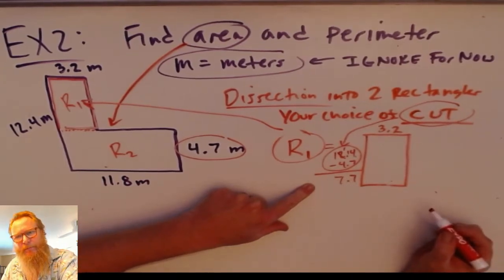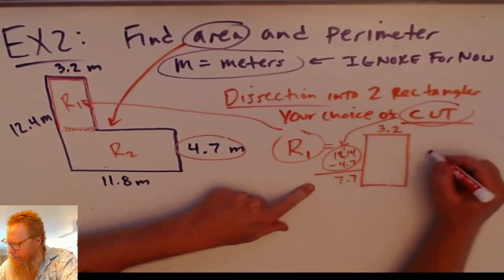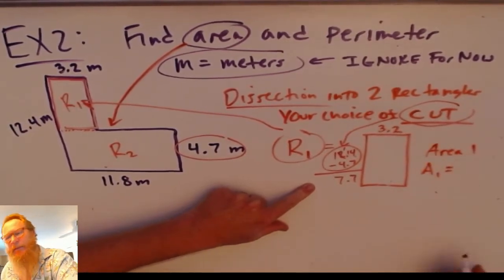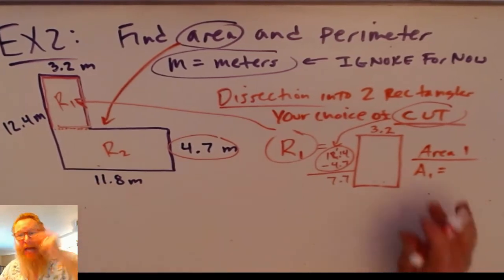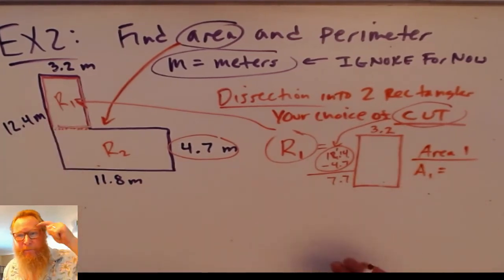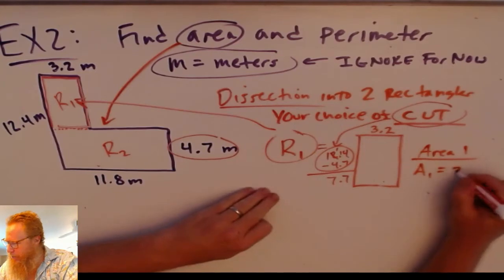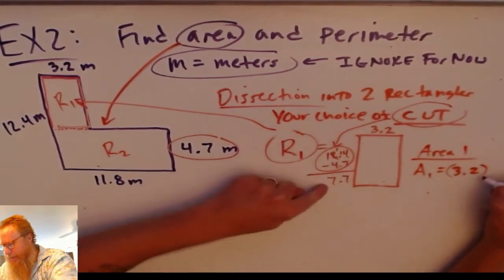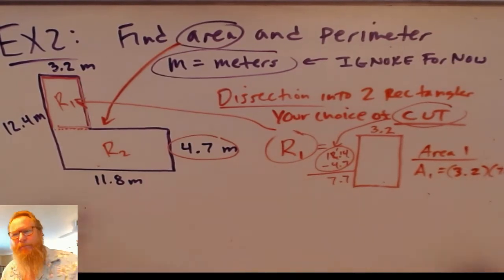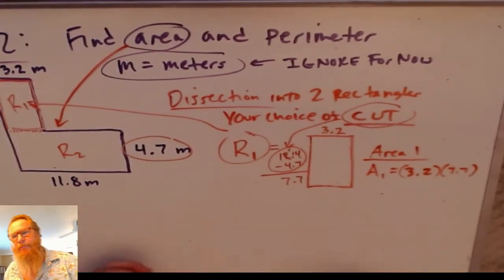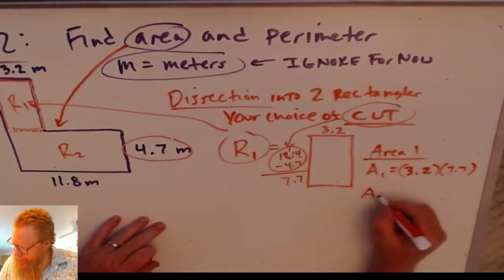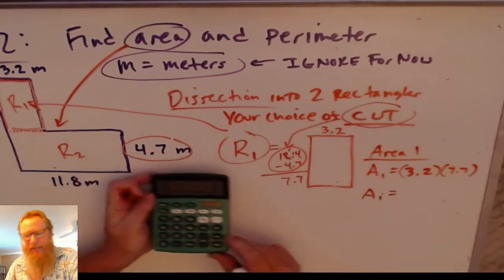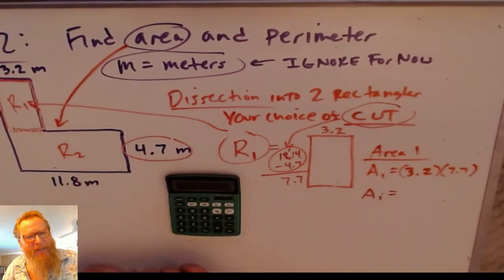So the area, we'll call this area 1, or A1. It's the area of rectangle number 1. That will be 3.2, that's the width, and then the length is 7.7. And here's what I mean about saving time. This is an acceptable use of the calculator.